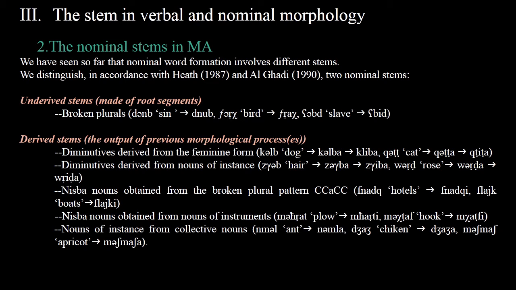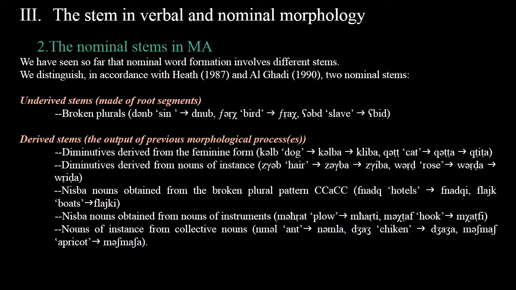The nominal stems in Moroccan Arabic. We have seen so far that nominal word formation involves different stems. We distinguish, in accordance with Heath and Al-Ghadi, two nominal stems. The first one, underived stems, made of root segments. And we cite the broken plural as an example of a word formation process making use of underived stems. On the other hand, we find derived stems, which are simply the output of previous morphological processes.